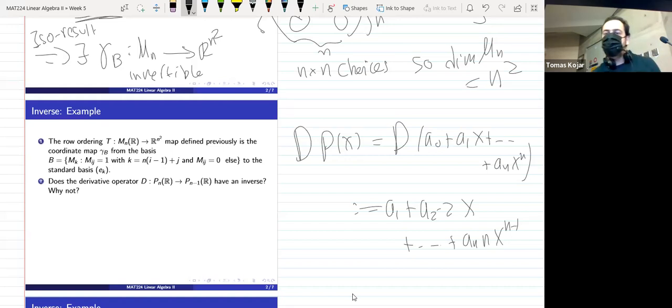When you take the derivative of a monomial, the power comes down. Is that okay? Right. Can someone tell me if this map is an isomorphism between P_n and P_(n minus 1)?